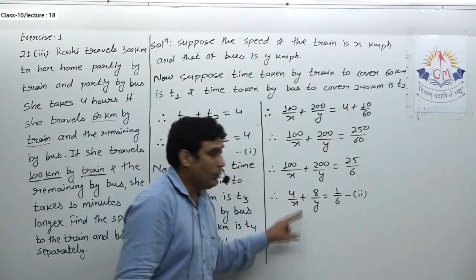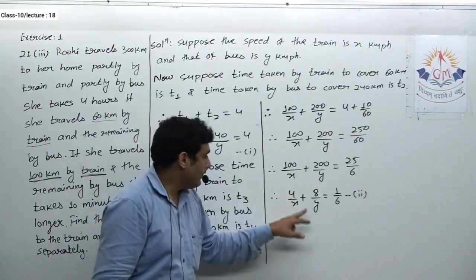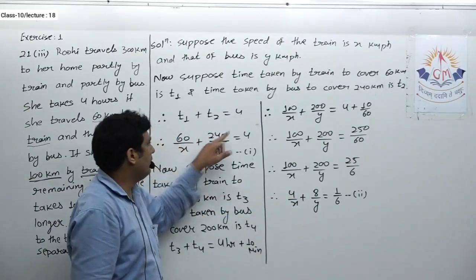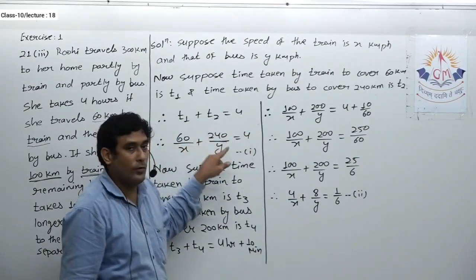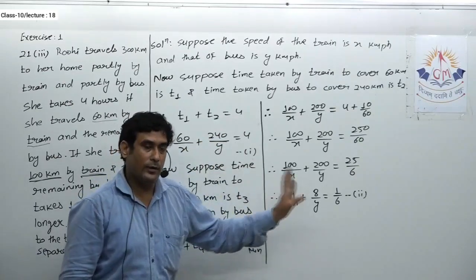Okay, now what do I have to do next? Now I have to assume 1 upon x equal to a and 1 upon y equal to b, and then solve further.